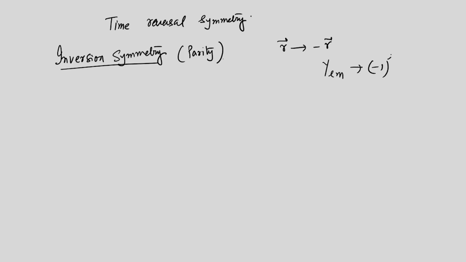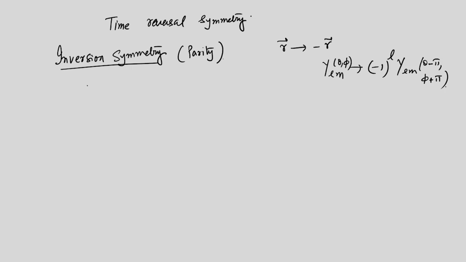So, this is minus 1 to the power L Y_LM, with theta, phi going to theta plus pi and phi plus or minus pi. Anyway, this can be settled if you look at the relevant discussions in the hydrogen atom.